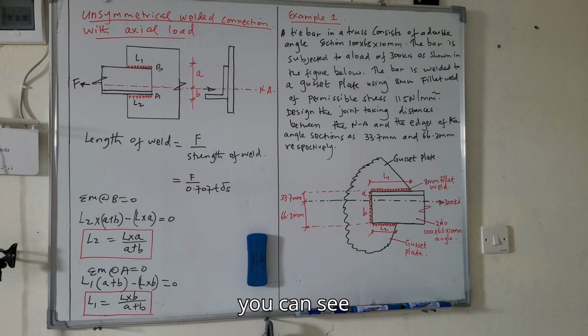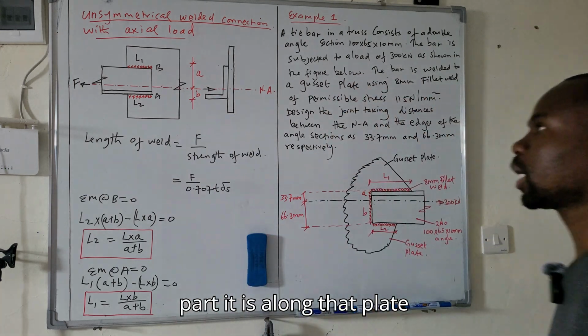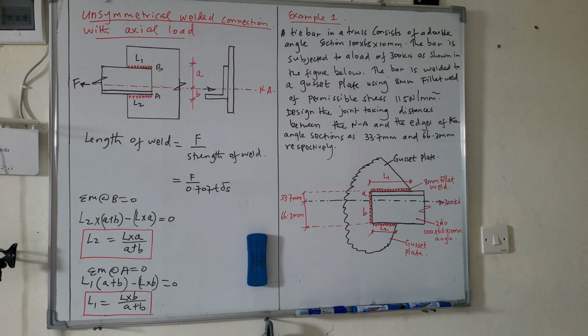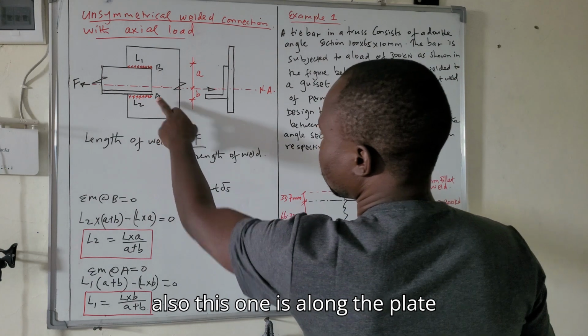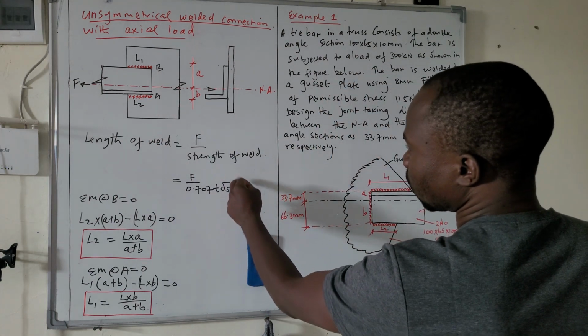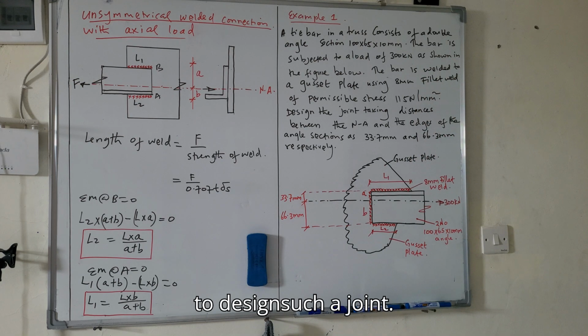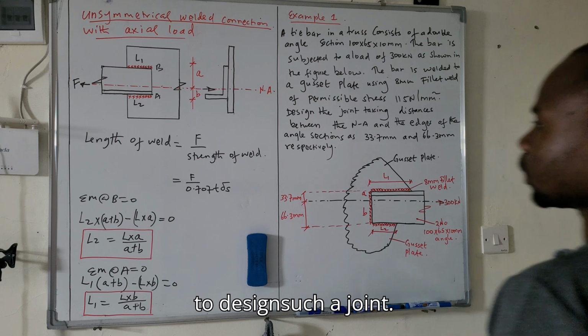As you can see, this welded part is along that plate. Also, this one is along the plate. So we will use this strength or the shear stress to design such a joint.